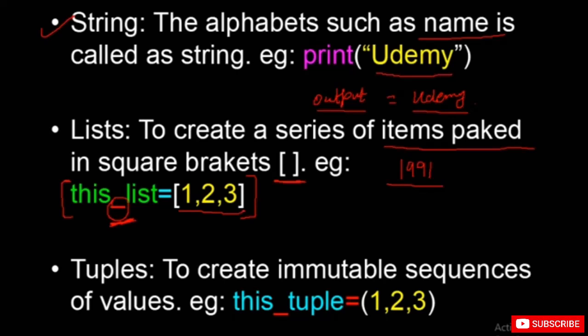Now the tuples. Tuples are immutable sequences. What is immutable? You cannot disturb its items, meaning you cannot delete it, you cannot overwrite it, you cannot perform any operation on the tuples, which is actually good. Just like the constitution of a country, you cannot touch the fundamental rights and duties.